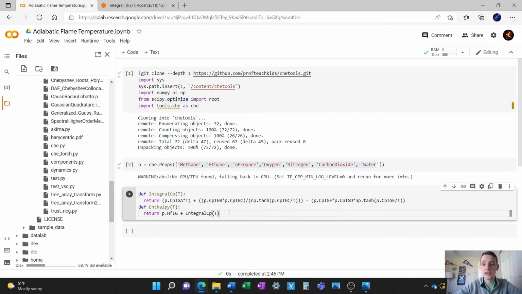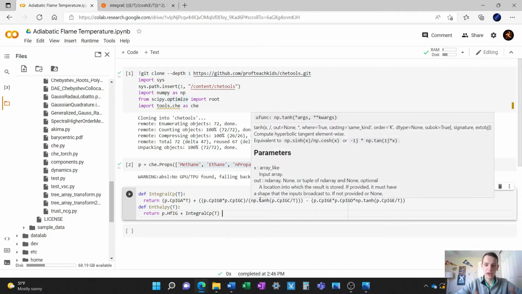That T is the temperature of our flame. Because again, in the end, we're going to use that root solver to make the difference in the enthalpy 0, because the amount of enthalpy of our air and our fuel that's going in and reacting and combusting has to be equal to the enthalpy of our products.